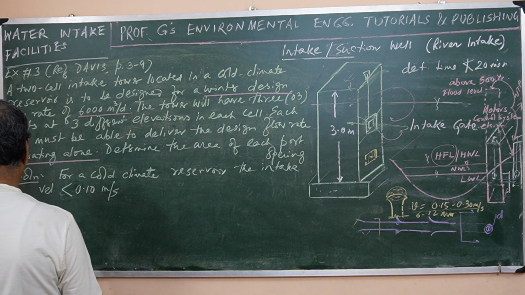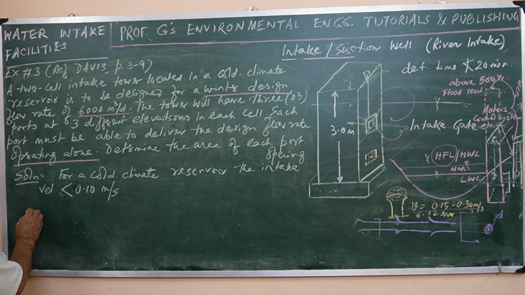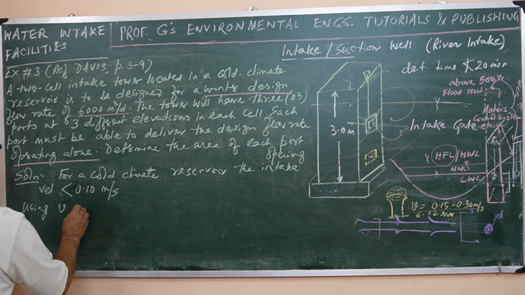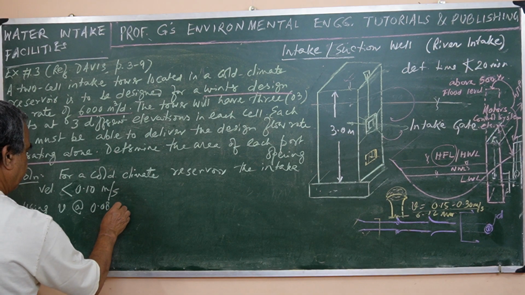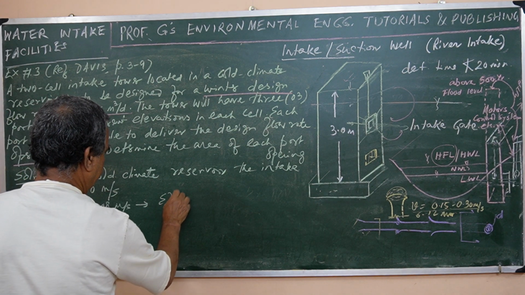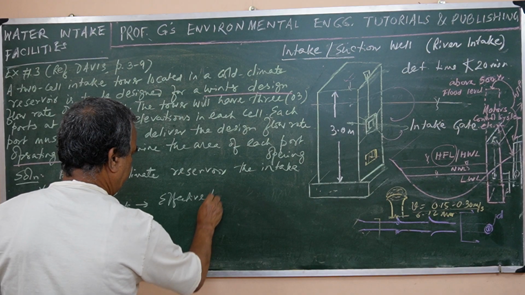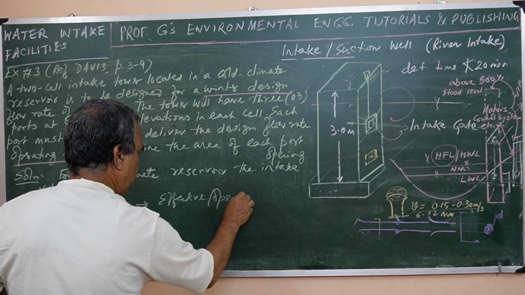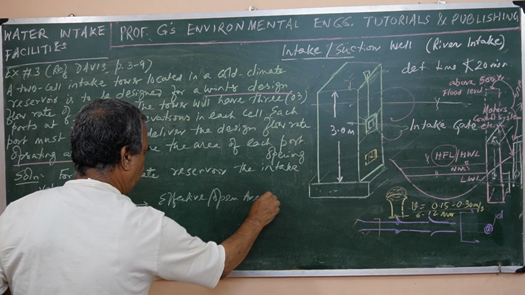For the intake velocity in the design, we will take 0.08, which is less than this. So the effective or open area, which I have already discussed in the last two problems, is based on this.